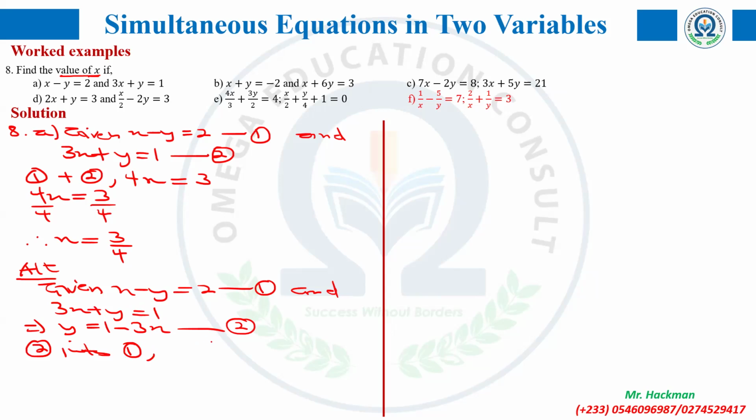That gives me x minus my y. I put y in brackets because the sign before it is negative, is equal to 2. So I'll end up getting x minus 1 plus 3x is equal to 2, which gives us 4x is equal to 2 plus 1, which is 3.